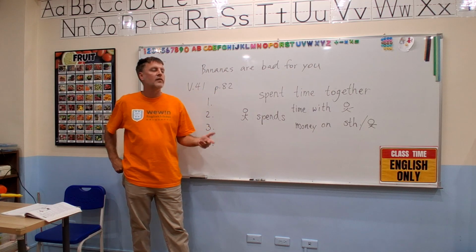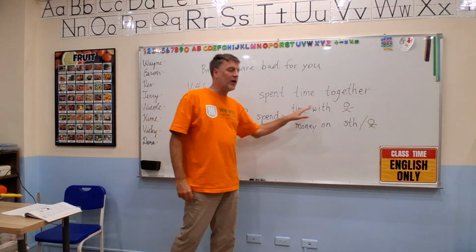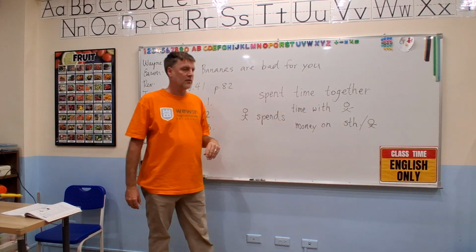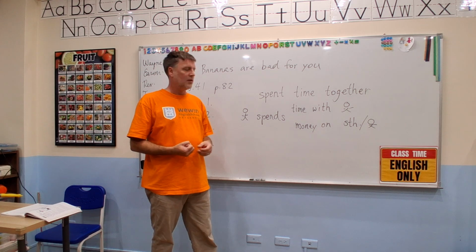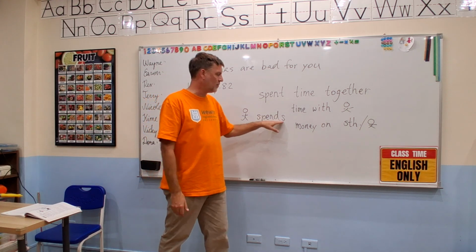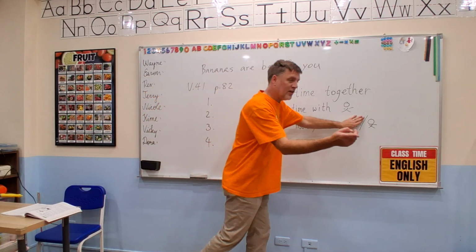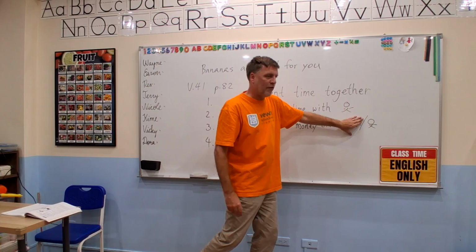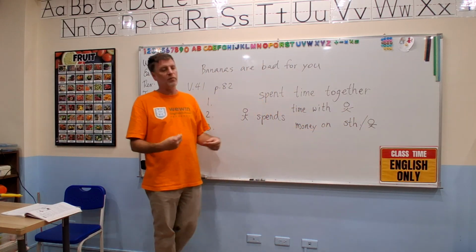Sometimes, okay? Do you like to spend time with your family? Yes. Do you have money? Yeah. So when you spend your money, what do you spend your money on? Do you spend it on yourself? On your boyfriend? On drinks, on snacks? What do you spend your money on?